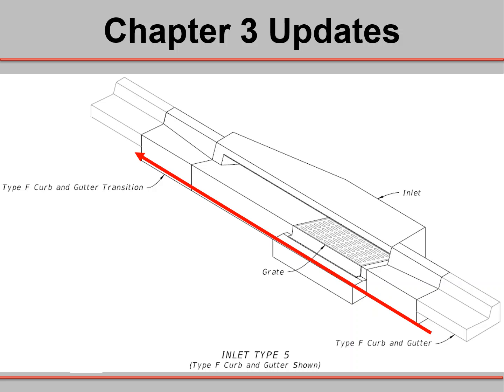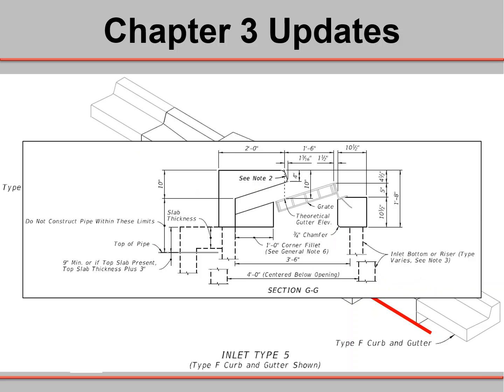And to help really visualize everything that's going on here, let's look at a sectional view of the Type 5 inlet. The problem really lies with this small area here. The top of the grate is 5 inches above the top of the concrete support block. So that's 5 inches of pavement at a width of 10.5 inches that needs to be paved. And let's remember that our minimum thickness of concrete pavement is 8 inches, so at a minimum there's a 3-inch difference here.